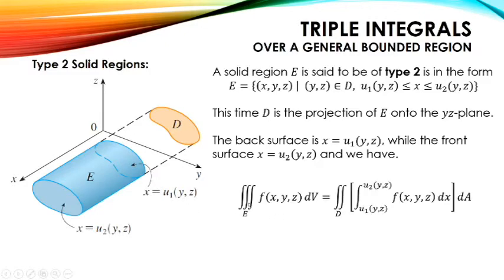Then we have the triple integral is equal to the double integral of the integral of f of xyz dx, where x is evaluated from u sub 1 to u sub 2, so functions of yz, times dA, the derivative of the area of the projection D onto the YZ plane.